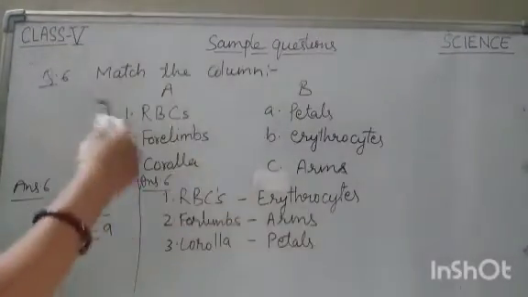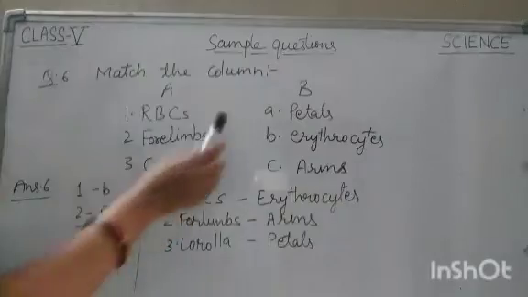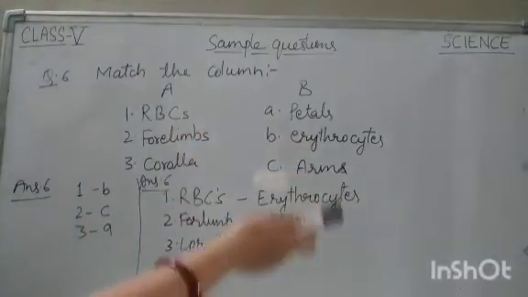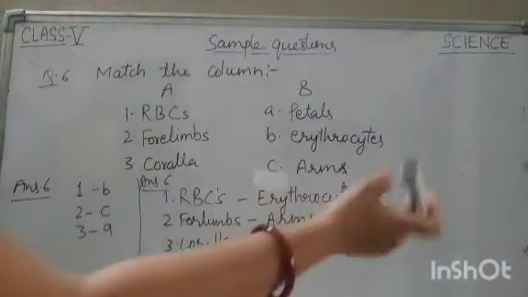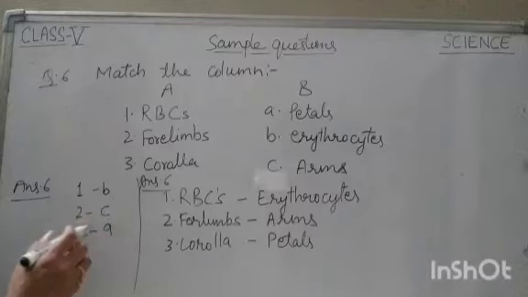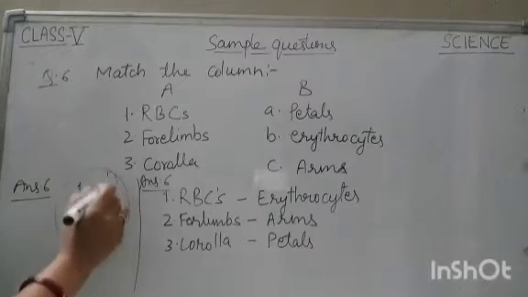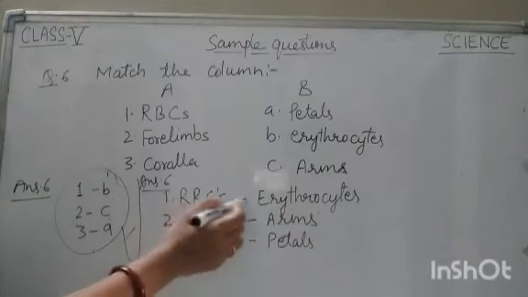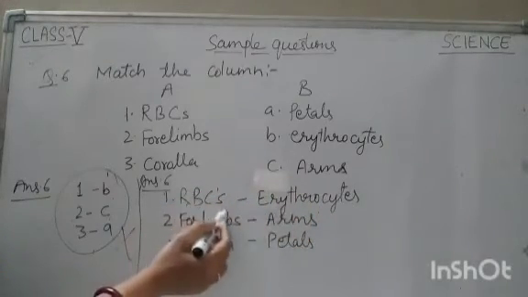Now children, next one is match the column. You all know this type of question, you are very well aware, but some of you write the answer like this: 1b, 2c, 3a. You have to write the correct option with the related term, like RBCs.